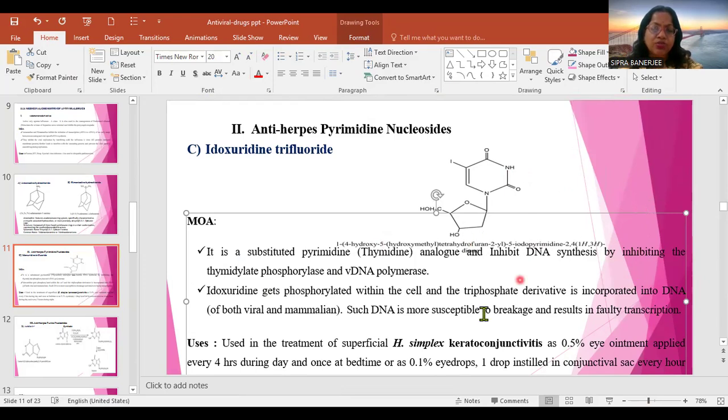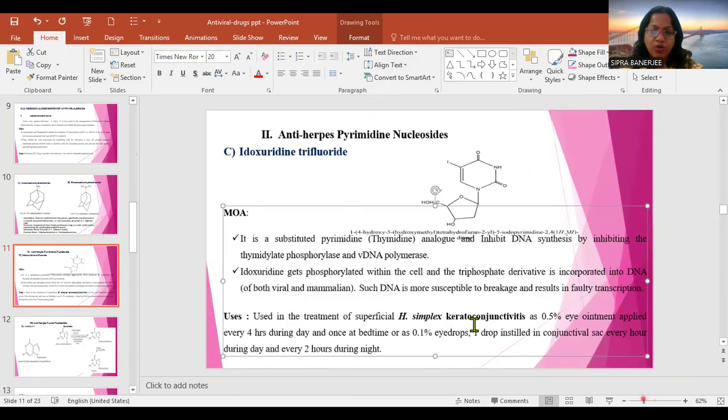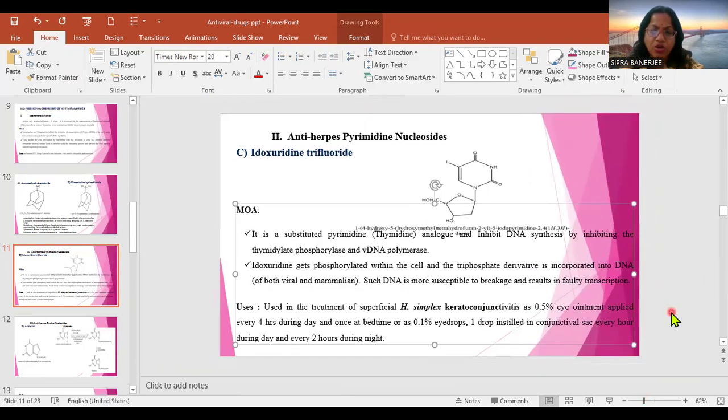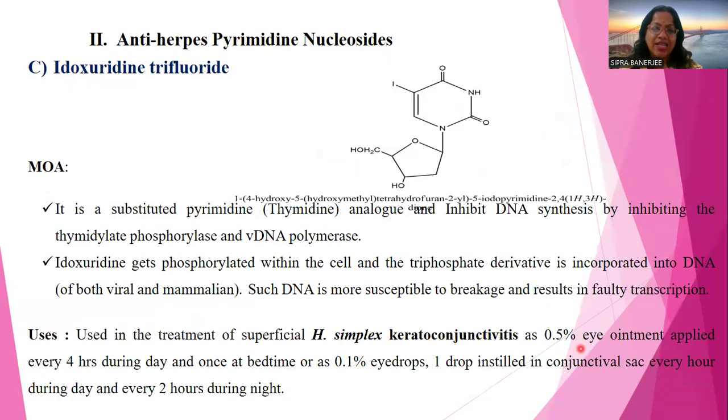It is used in the treatment of superficial herpes simplex keratoconjunctivitis, as an eye ointment applied every 4 hours during the day and once at bedtime, or as a 0.1% eye drop, one drop instilled in the conjunctival sac every hour during the day and every 2 hours at night. So the cornea or the eye affected by keratitis can be treated with this idoxuridine.